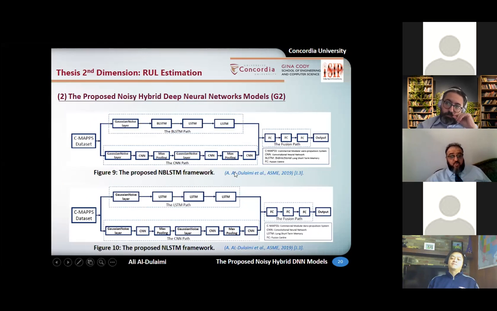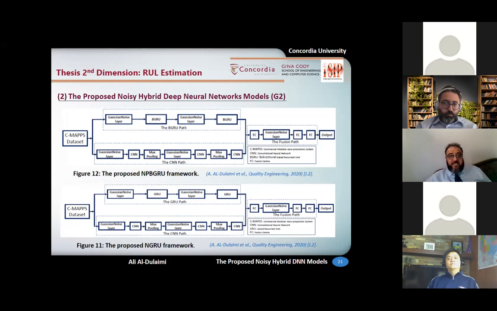For the first two proposed models, we injected the Gaussian noise layer in only two parallel paths. We called this style partial noisy training. While in the second two approaches, we adopted something we call fully noisy training, as we injected the noise layer in all the paths of the model, in addition to a hidden noise layer in the first parallel path.